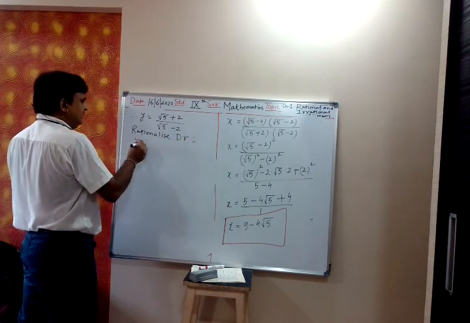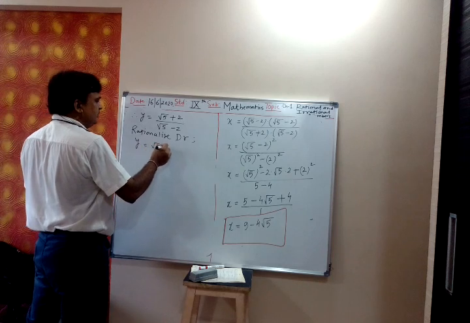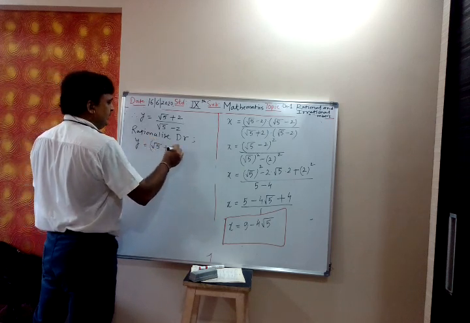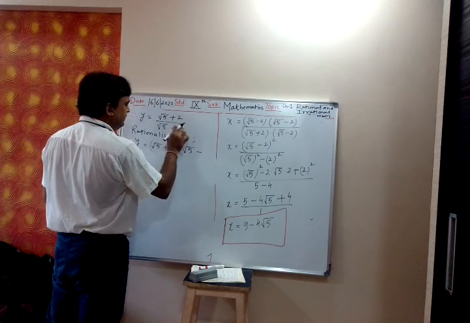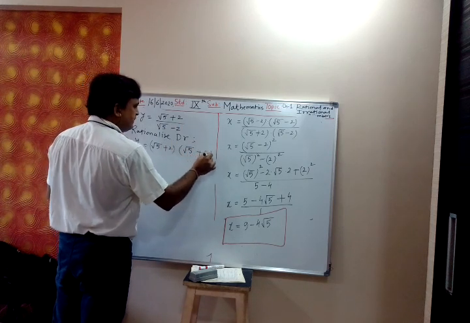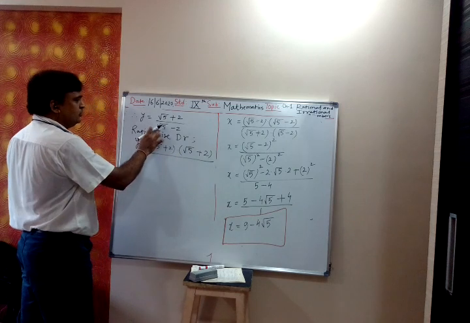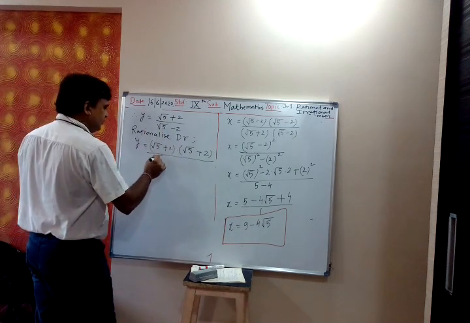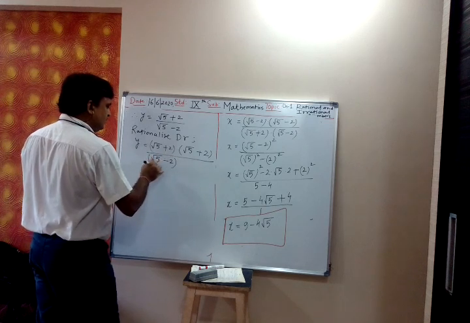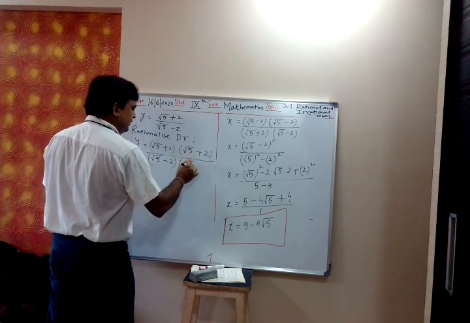So you will get y is root 5 plus 2 multiplied by root 5 plus 2. The denominator is root 5 minus 2, so this is root 5 minus 2 into root 5 plus 2.